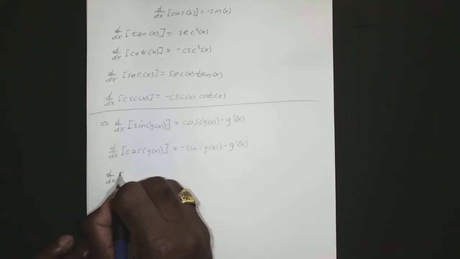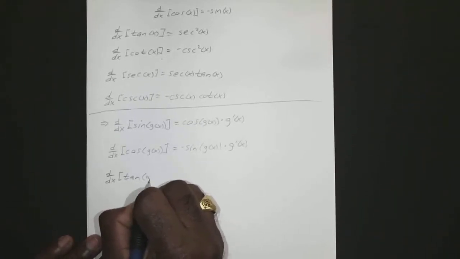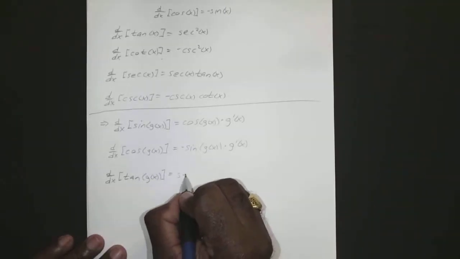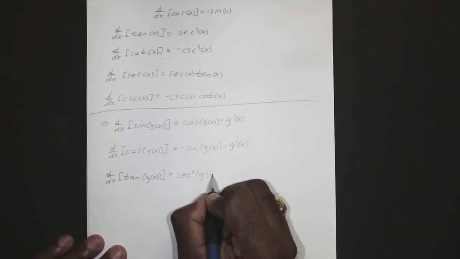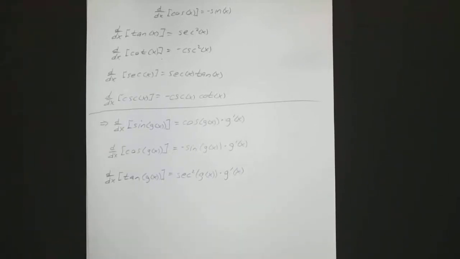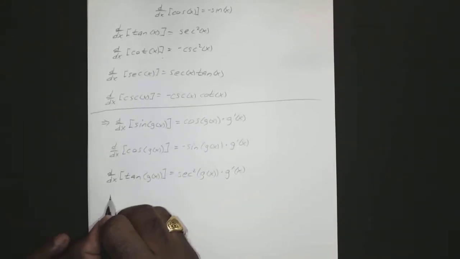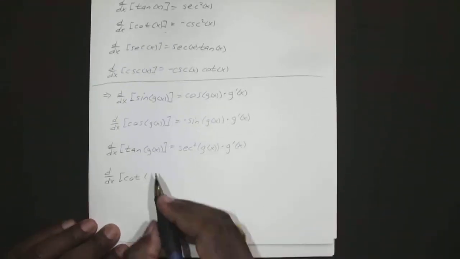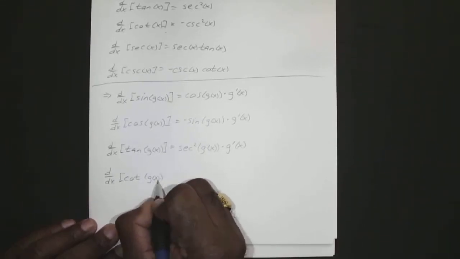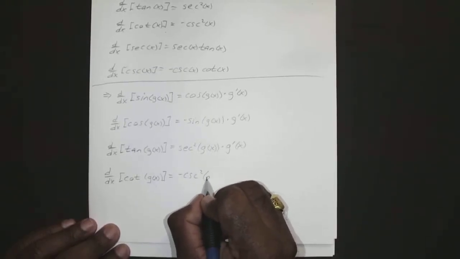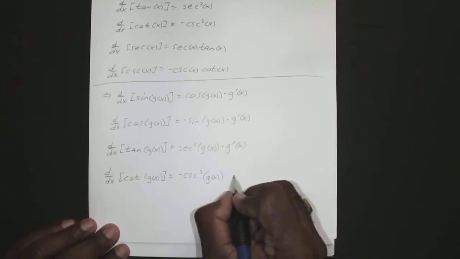Derivative of tangent is just going to equal secant squared of whatever that g of x is, times your g prime of x. Okay. Derivative of cotangent of your g of x is going to equal negative cosecant squared of g of x times your g prime of x.